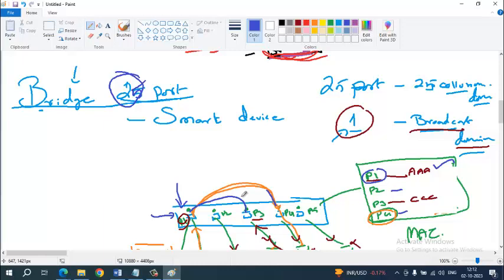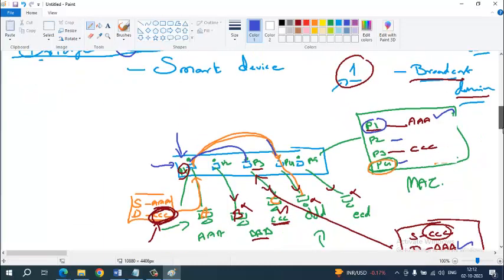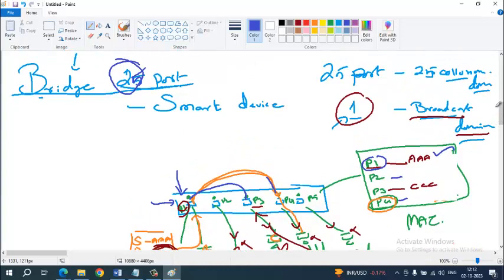Okay, now. One question here: we have one bridge, and if you take two bridges, and one port of one bridge is connected to another port of another bridge. I understand your question.